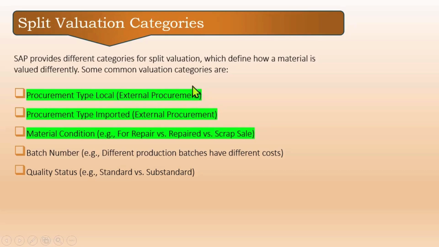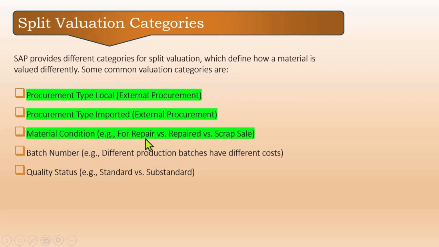Internal procurement is STO, that's a different process, so we are taking these categories into consideration. Procurement type imported means they've imported from a foreign country. These are the factors responsible for the same material having different prices.